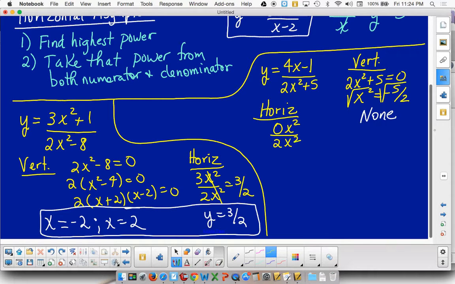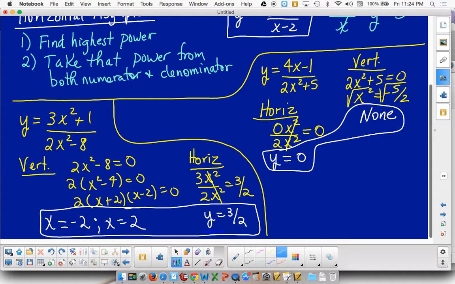What's going to happen? The x squareds cancel. 0 divided by 2 is 0. So therefore, that's how we get a horizontal asymptote smack down the x-axis at the line y equals 0. So there would be a horizontal at y equals 0, but no vertical in this particular problem.